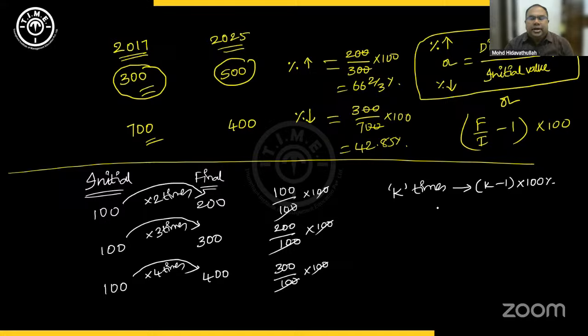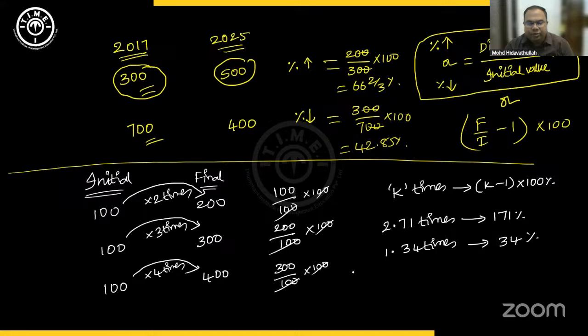Now if I say the final value is 2.71 times, 2.71 minus 1 is 1.71, into 100, 171%. Final value is 1.34 times: 1.34 minus 1 is 0.34, into 100, 34%. So percentage increase or decrease is only dependent on your initial value and your final value.